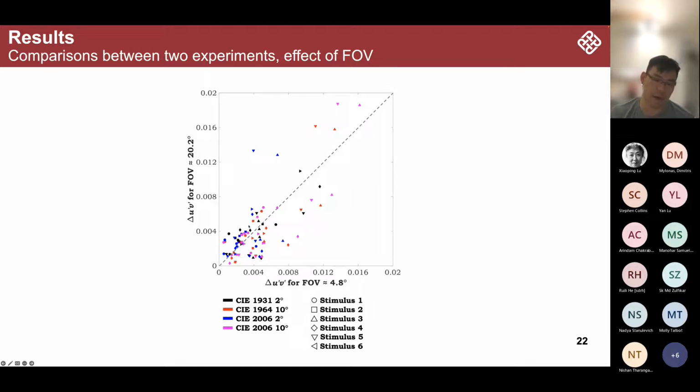You can see that all the points are randomly distributed across this diagonal line. So we are not seeing big differences between different fields of view or between different color matching functions. In general, the field of view of the color matching function does not really make the right prediction for the experiment's field of view. So this is what we find.